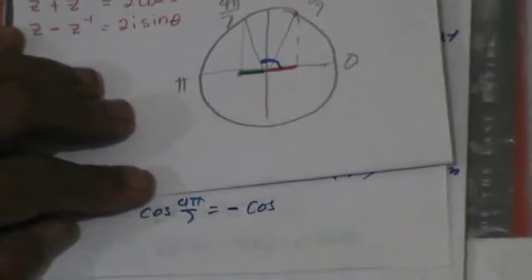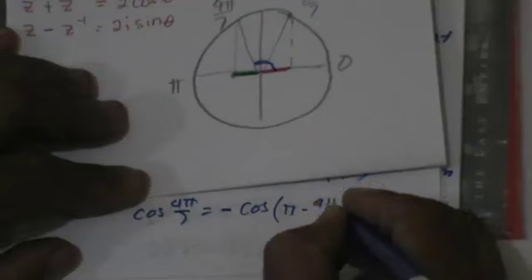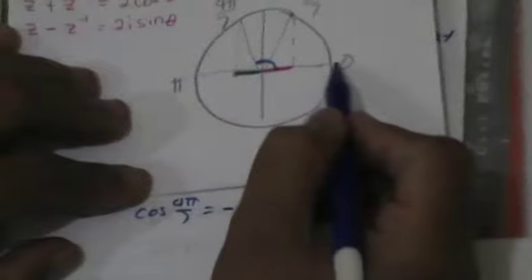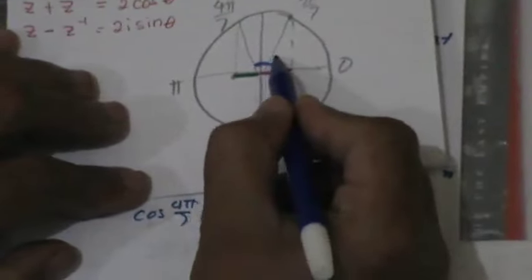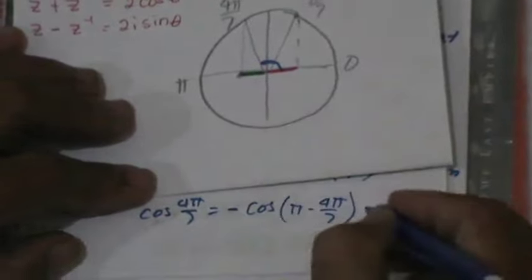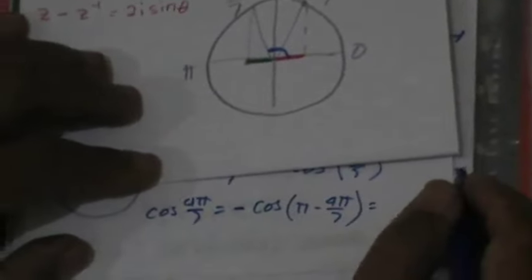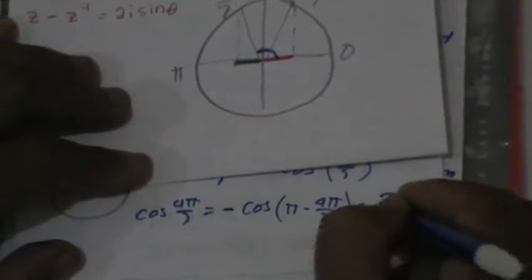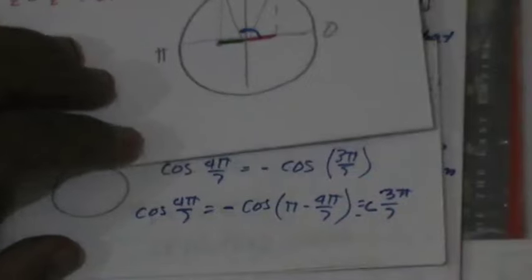So that is pi minus 4 pi over 7. And the 0 to pi minus this blue angle will give you this 3 pi over 7. So 7 pi minus 4 pi over 7 will give you 3 pi over 7. Cosine negative. And there you go.